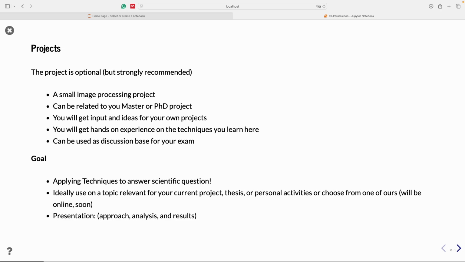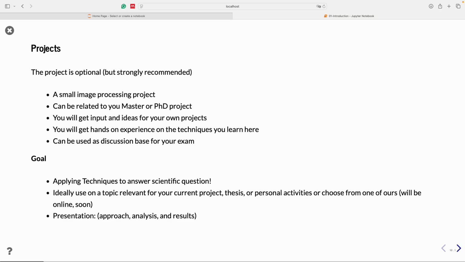The exams are oral, so it's a discussion where I ask some questions or show an image, and you tell me how you would work with it, for example. And if you do a project, I'm making questions around the project, so you have a running start for the exam.